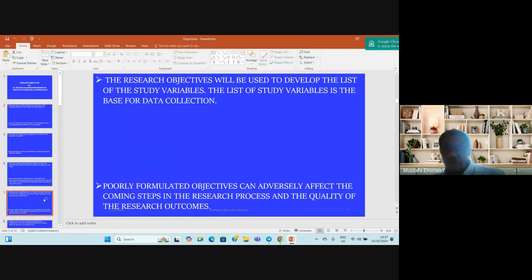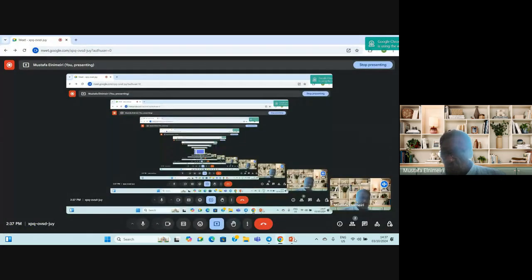The research objective will be used to develop the list of the study variables, and this is the base for data collection. It is very important to consider that usually we break down the general objective into specific small logical components, which are the specific objectives.